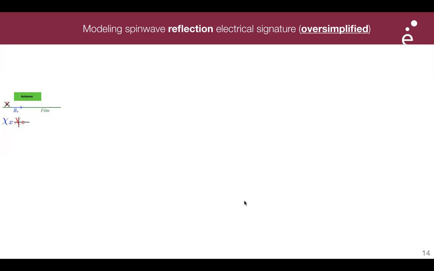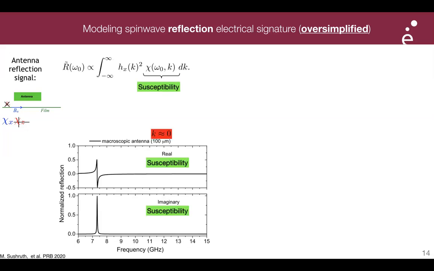So I will oversimplify the problem in this tutorial and assume that the antenna generates only an in-plane field and that the magnetization only responds in the in-plane direction, and it's just to make the math easier for this tutorial. So first thing you have to ask yourself is whether the antenna will excite spin waves, okay, and it will excite spin waves.